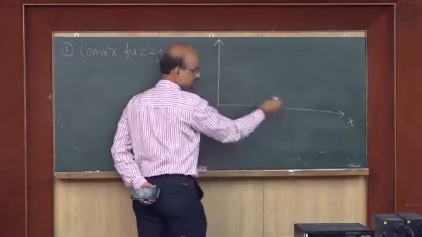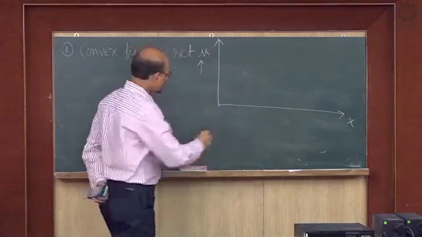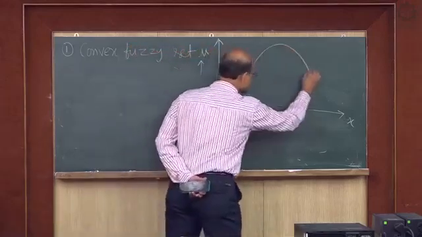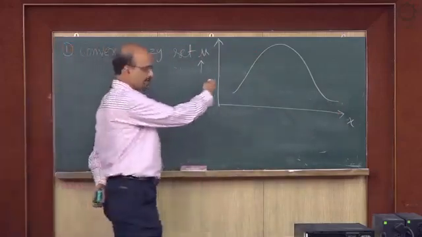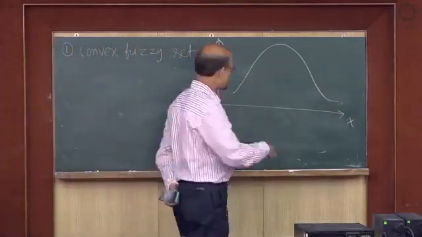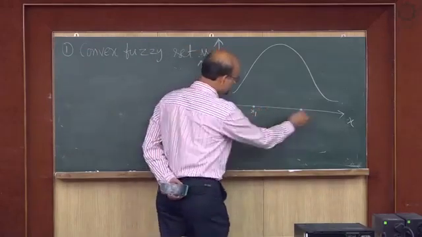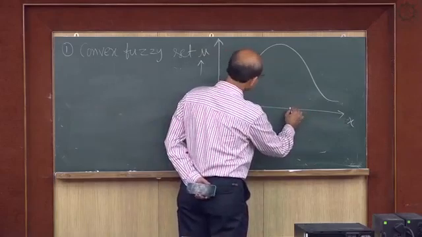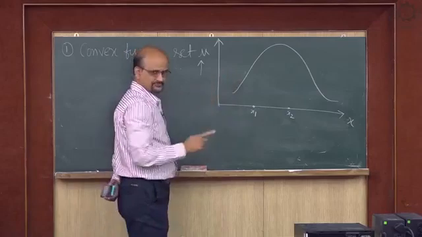So, x is this side and this is your membership function mu. Okay. Now, suppose your fuzzy set is like this. We had this type of shape earlier also, we had given examples. Suppose I take 2 points x1 and maybe here x2. Okay. So, I have to see its membership function.